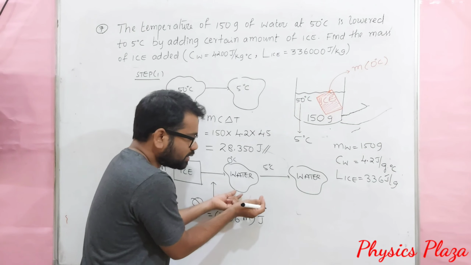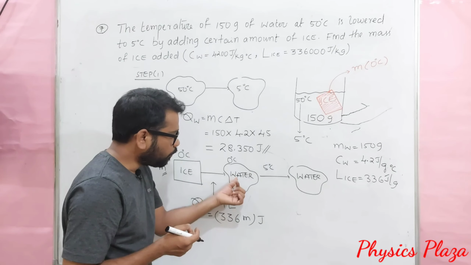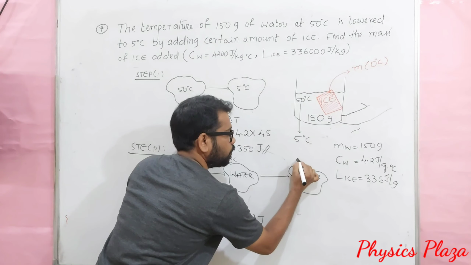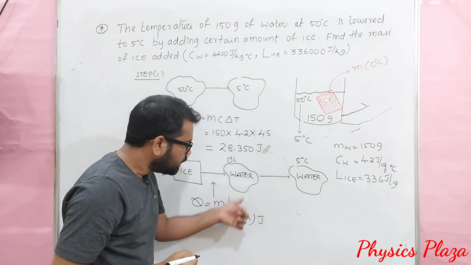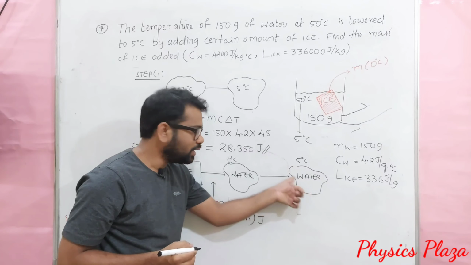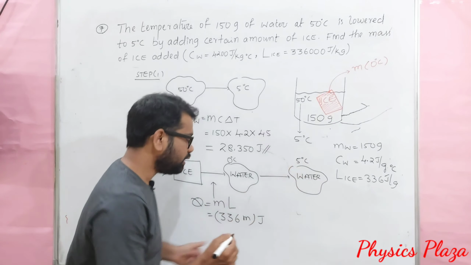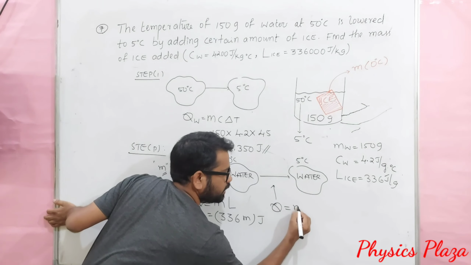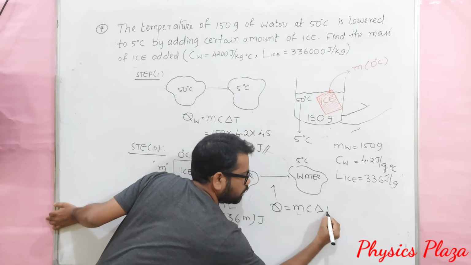Now here, what is the amount of heat absorbed to convert water at 0 degrees Celsius to water at 5 degrees Celsius? Children, there is no change in state, rather there is a change in temperature. Then let us use the formula Q is equal to mc delta T to calculate the amount of heat absorbed.